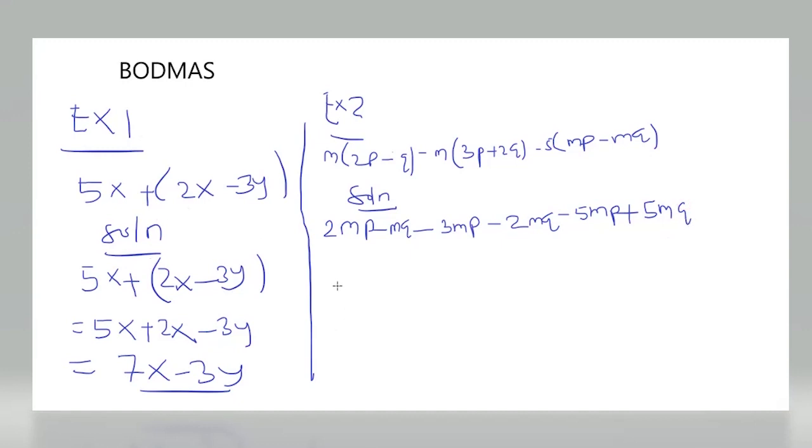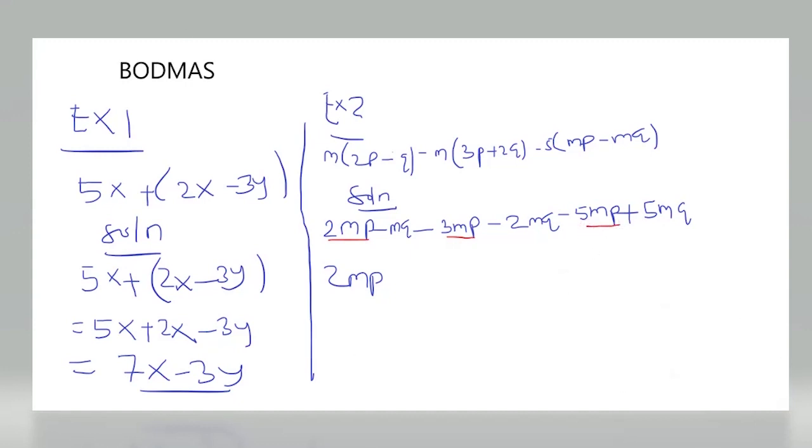Now arrange the alike terms. Of course I have 2mp and 5mp and 3mp, the alike terms. Now 2mp, 3mp negative, and the 5mp are like terms.